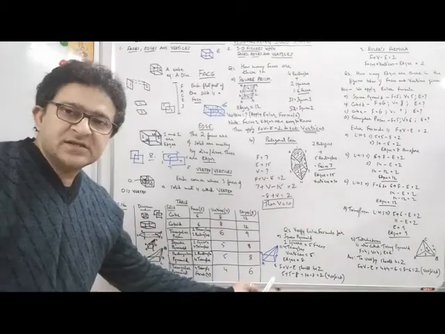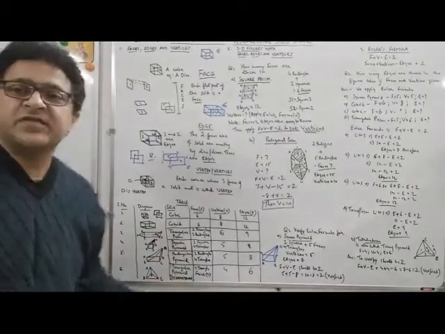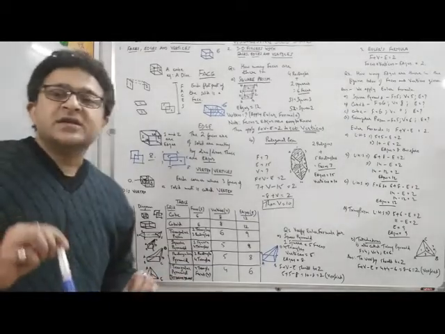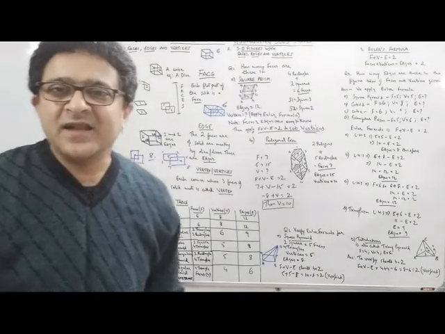So 4 triangles, one rectangle. Simple. How many faces? 5. Simple trick. See, the diagram is most important. And the trick is one point O outside the rectangle, and make the diagram.